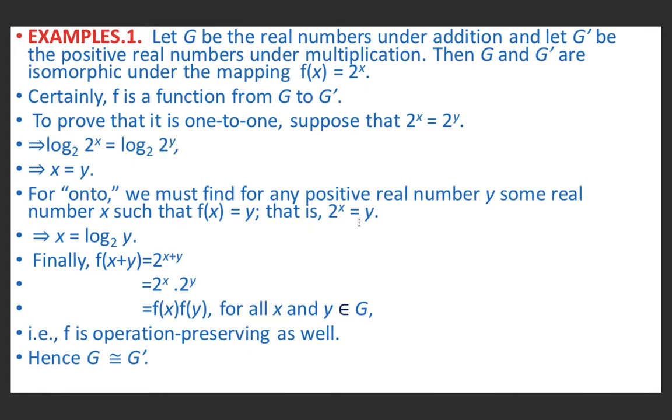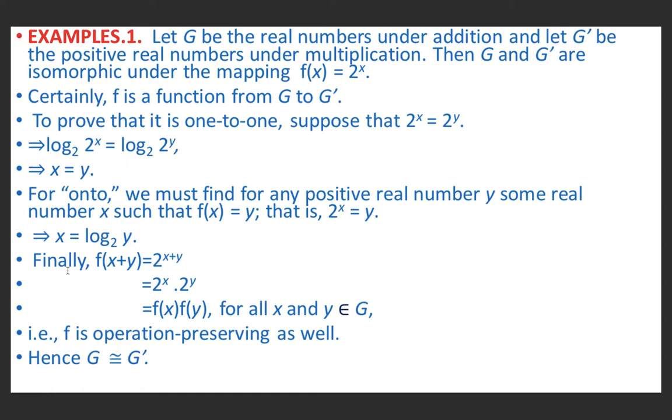If we take log on both sides, we get x log 2 base 2 is equal to log y base 2. Since log 2 base 2 is 1, on the left hand side we have x and on the right hand side log y base 2. It means x is equal to log y base 2. So we have found the number x in G for every y belonging to G', so the mapping f is onto.